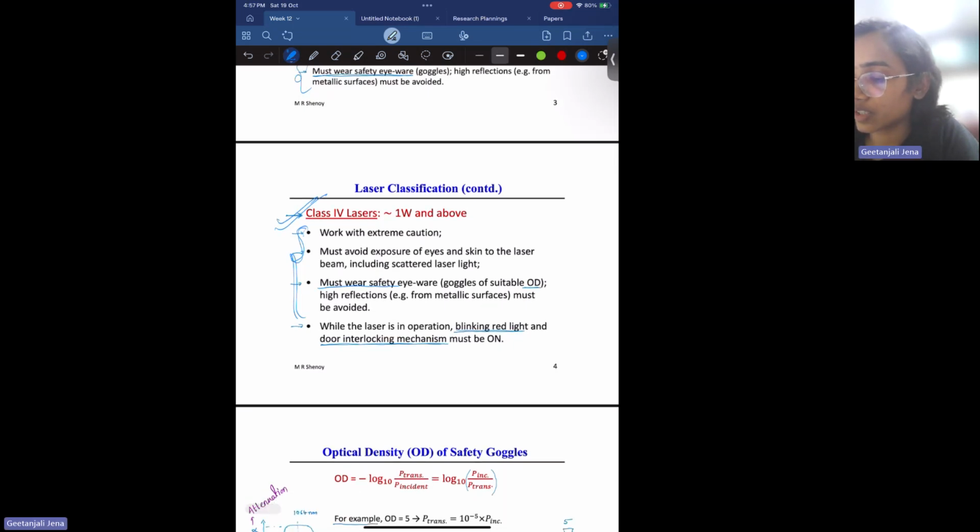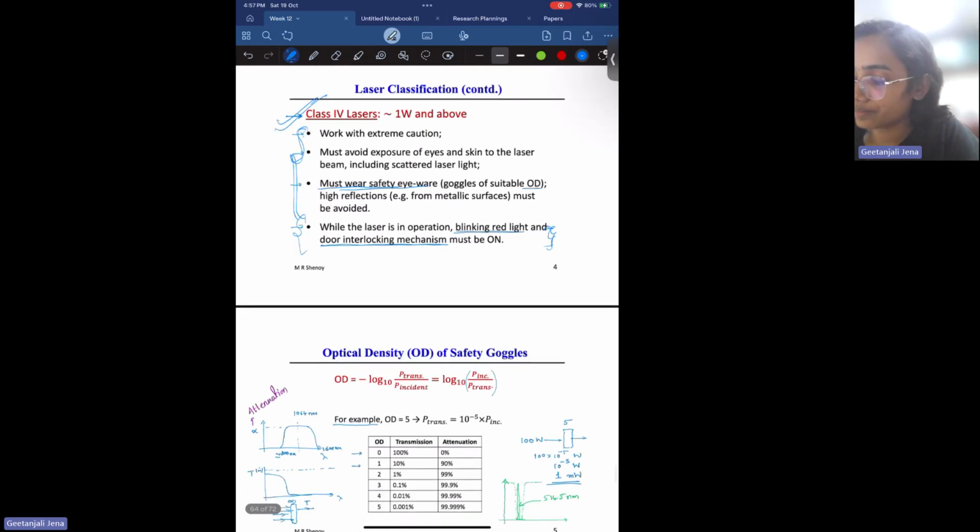So we must use safety eyewear goggles of suitable optical density, and high reflection from metallic surfaces must be avoided, because the reflected laser beam will also have high intensity. Whenever this is operated, it is advised that the blinking red light and the door interlocking mechanism must be used. This phenomenon was already explained during the lecture.